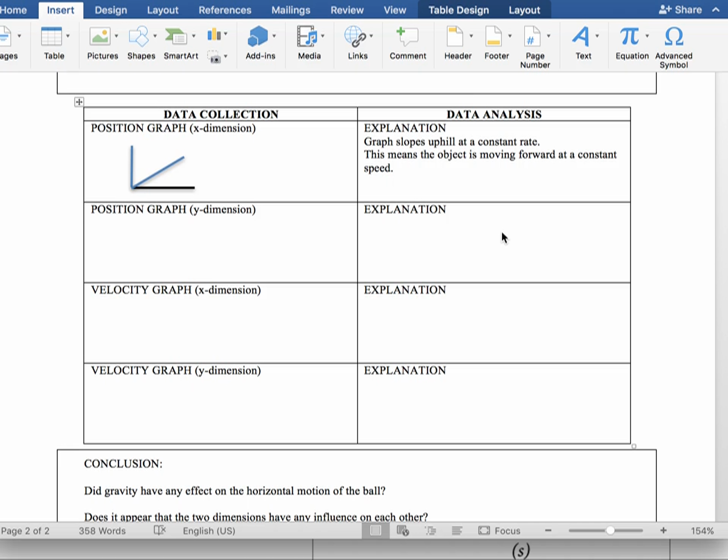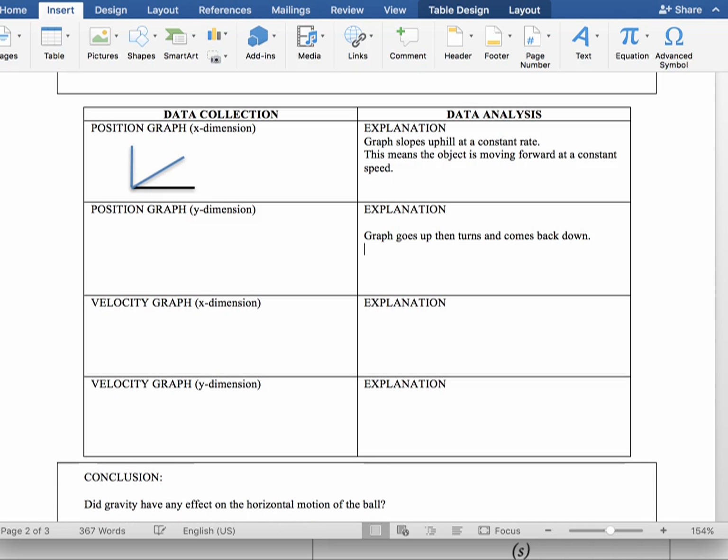All right, you should have had some time working with your groups to write your explanations. I am quickly going to jot down some possible answers. You don't have to have the same answer as me, but it should be similar. Okay, so the graph goes up, then turns and comes back down.